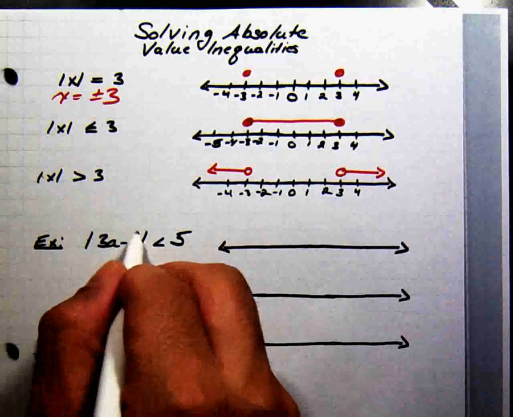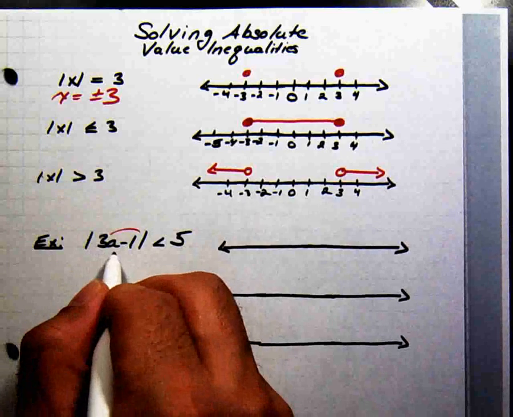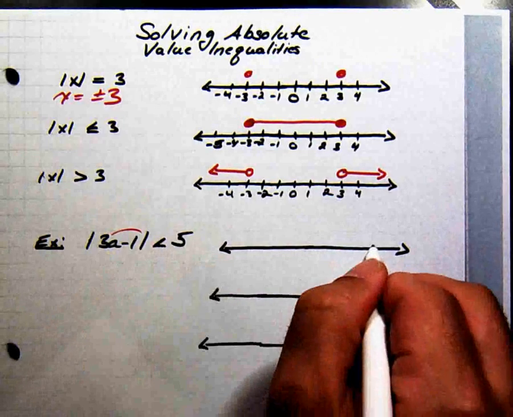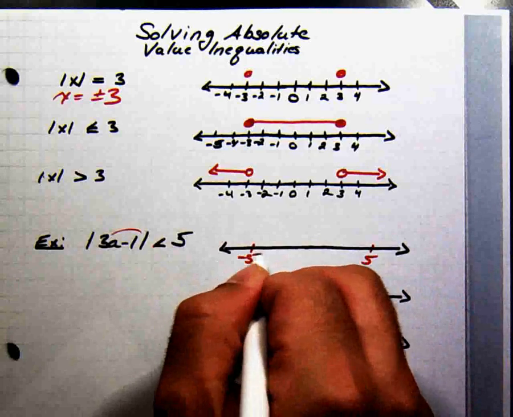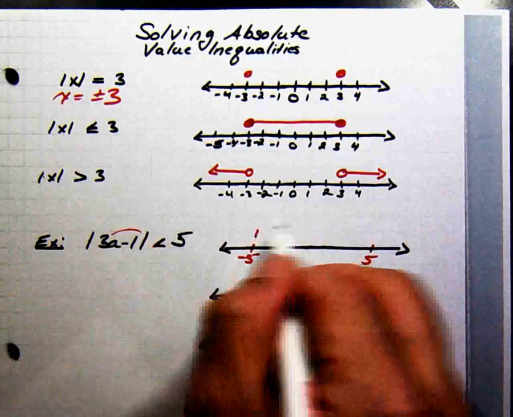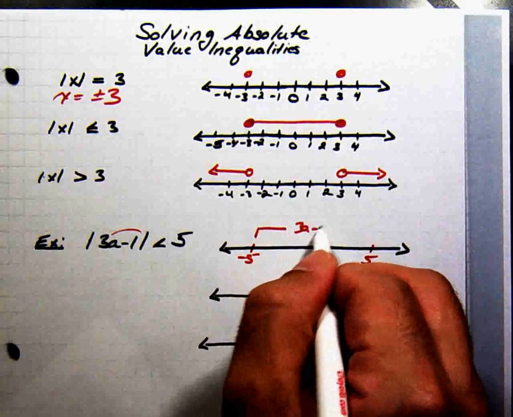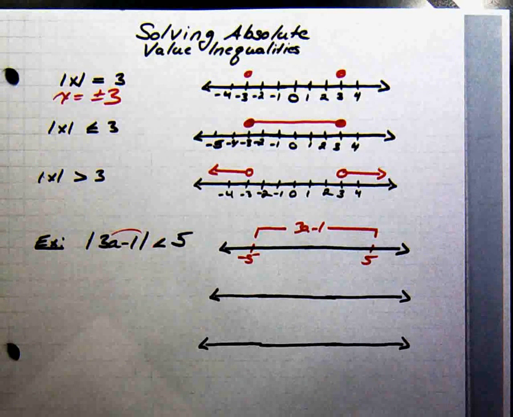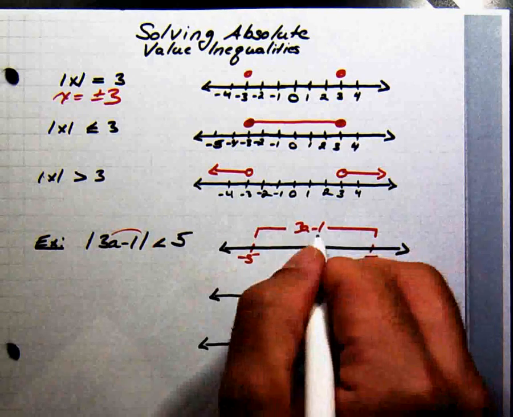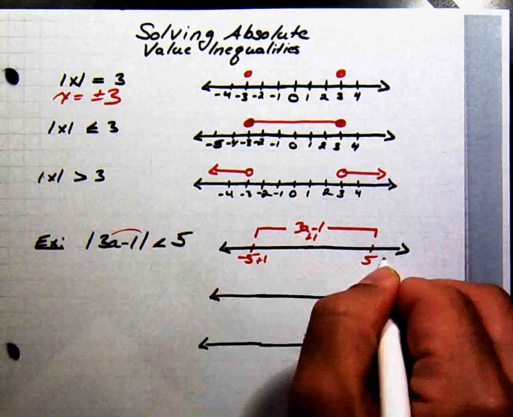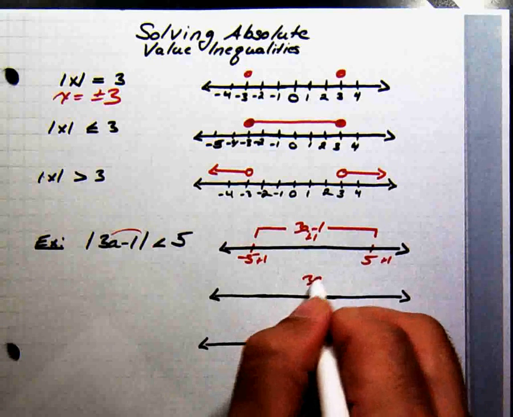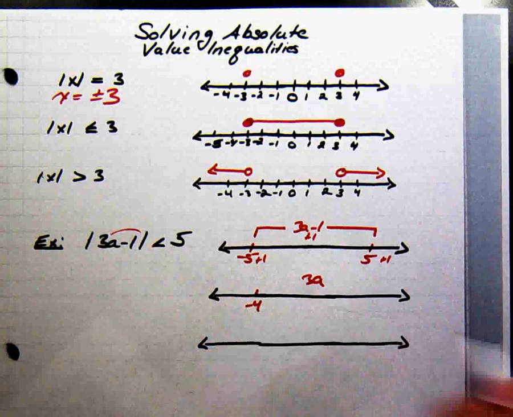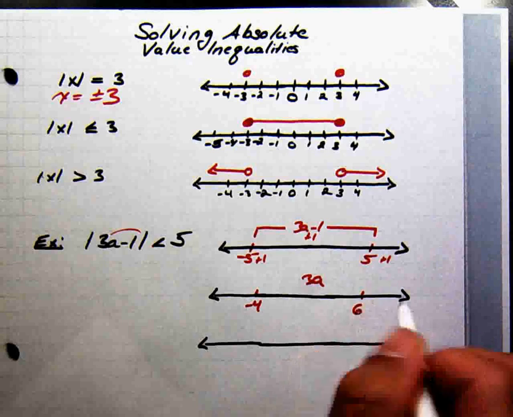So this says this quantity, which is represented by 3a minus 1, has a distance away from 0 less than 5. So we're going to put 5 and negative 5 on a number line, and we're going to stick 3a minus 1 as the quantity whose distance is in between the two. Now if we add 1 to everybody, you now have 3a is going to be in between negative 5 plus 1, which is negative 4, and 5 plus 1, which is 6.